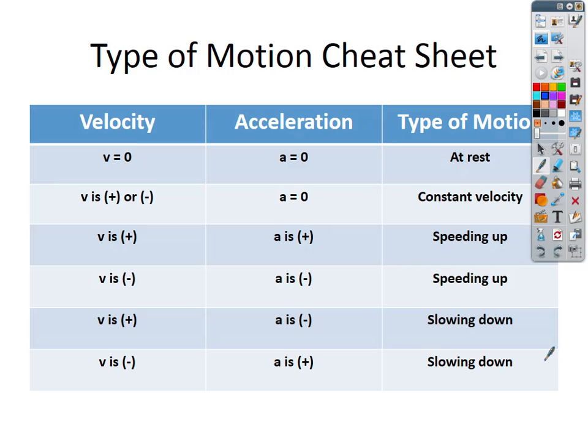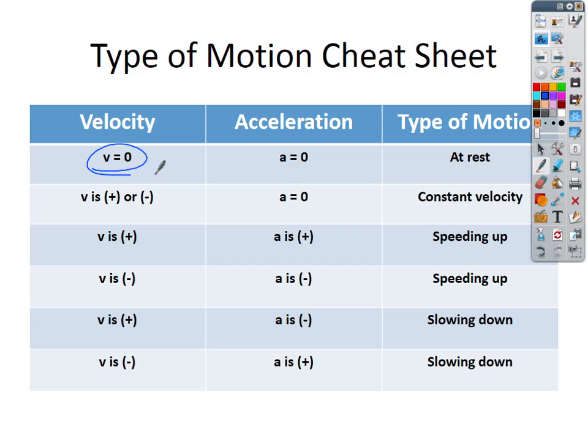Here we go. So you're at rest, not so much because the acceleration is zero, but because the velocity is zero. You will get some of these questions while you're practicing. Can an object accelerate and have no velocity? Technically, yes. An object thrown up in the air at the very top of its flight will stop for a moment right before it starts falling back down, but gravity is always pulling on it.